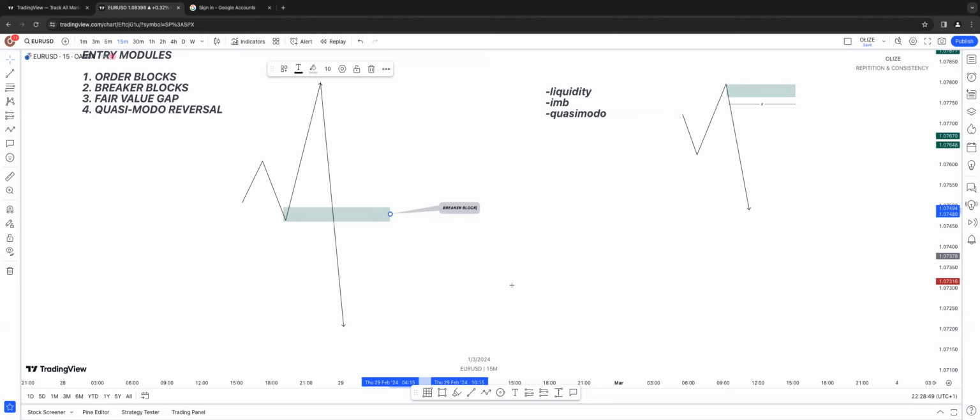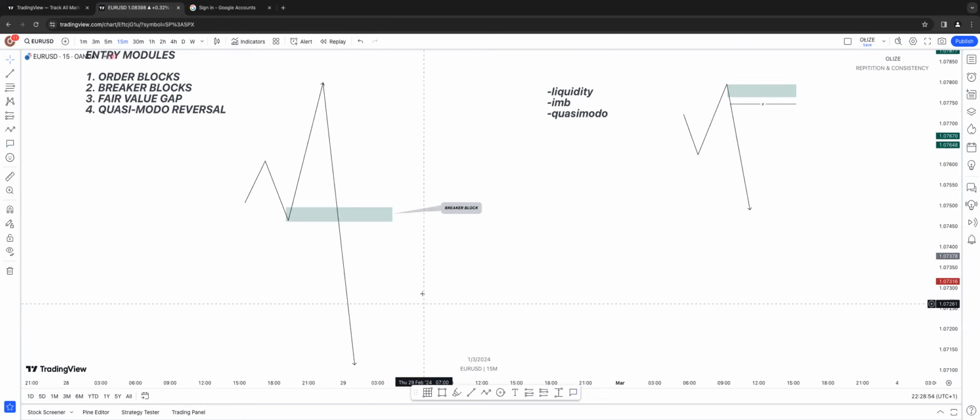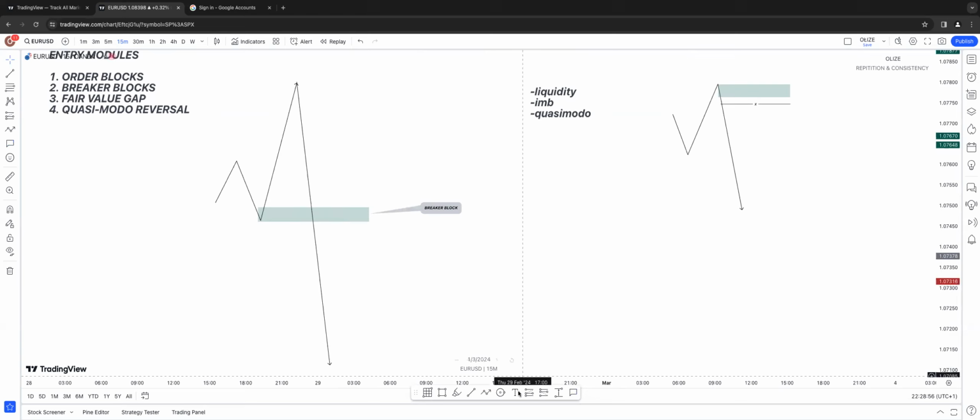So let's say price had already mitigated your POI. Let me make use of this POI. You have a sell POI here. So price came and mitigated this. We have something like this.